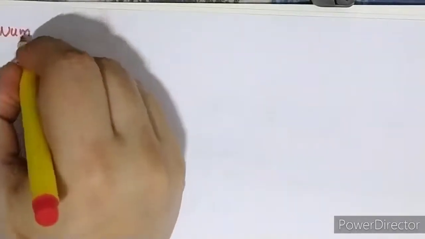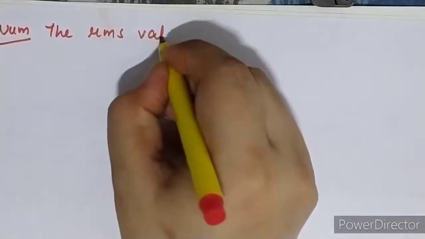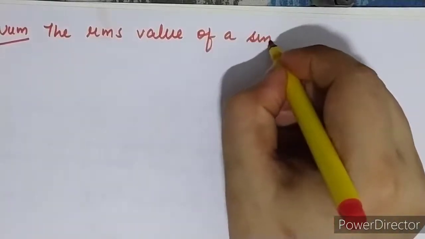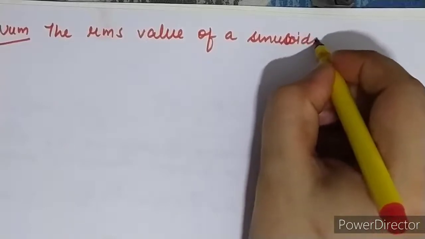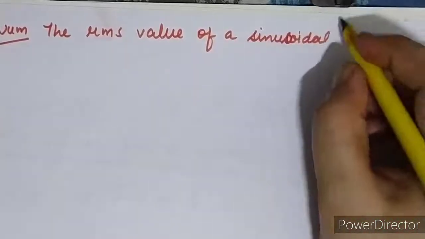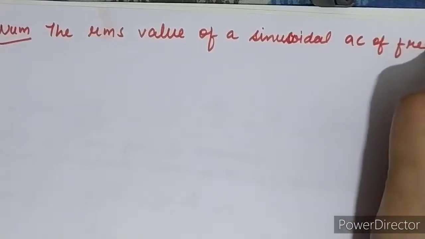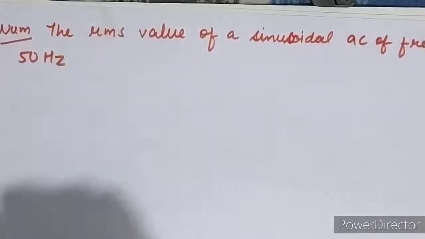Now the next numerical is the RMS value of a sinusoidal AC of frequency 50 Hertz.